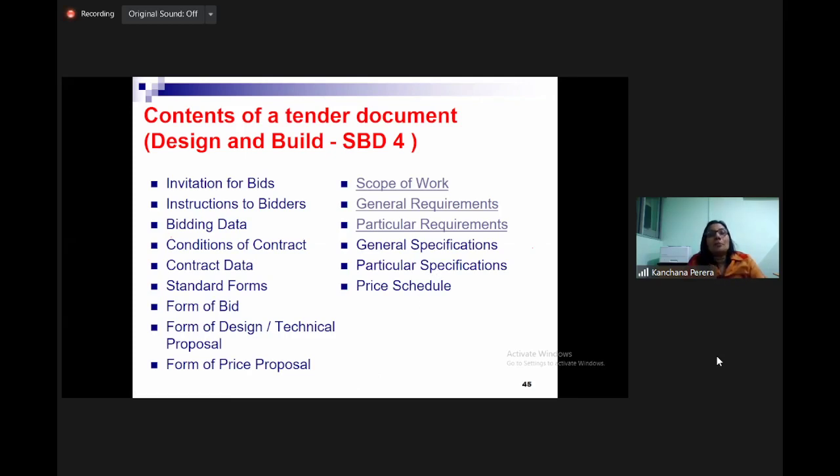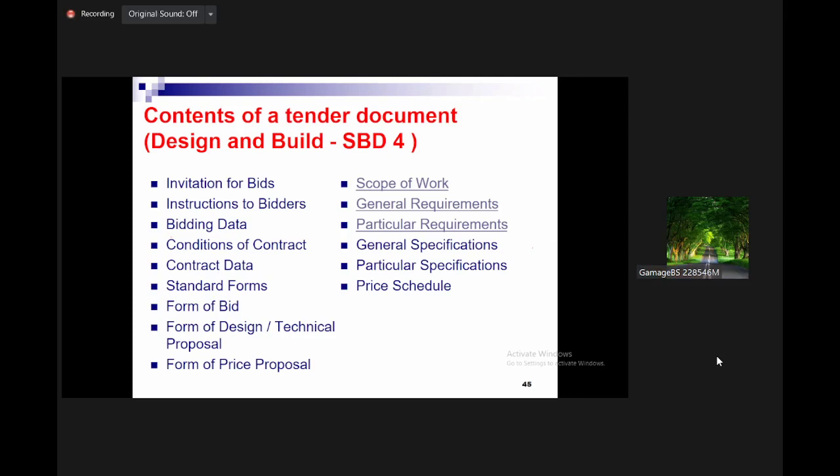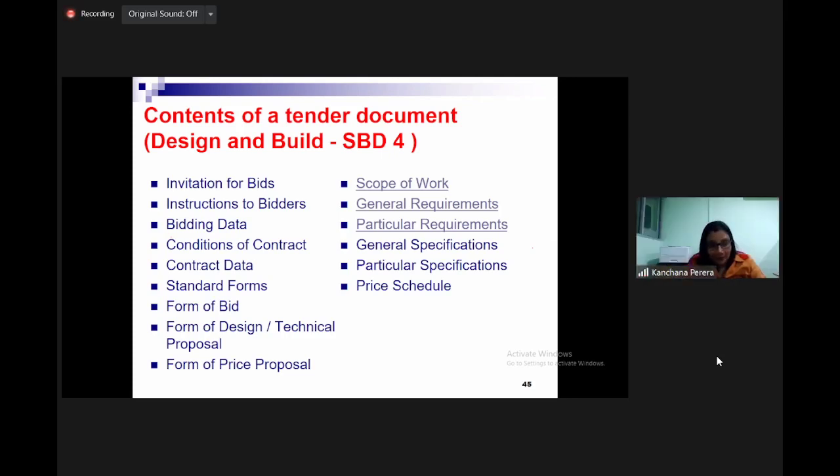Otherwise, we cannot proceed with this. And in a government project, they will not allow more than 10% variation. So we have to have a correct estimate for this as well. And we must help our client to plan, say a private client even, to have his finance plan. Therefore, it should be an accurate estimate.